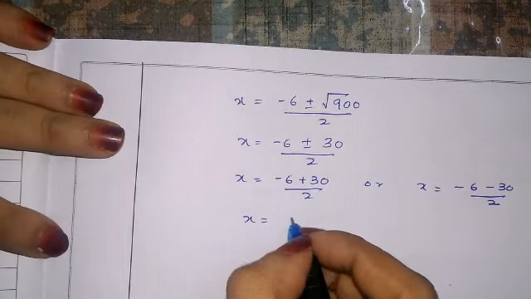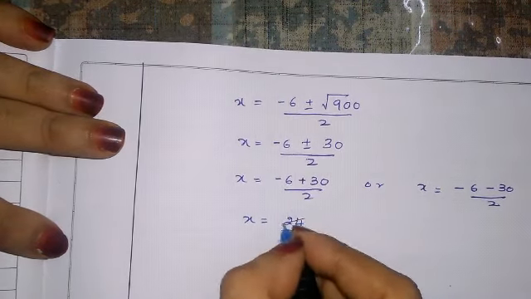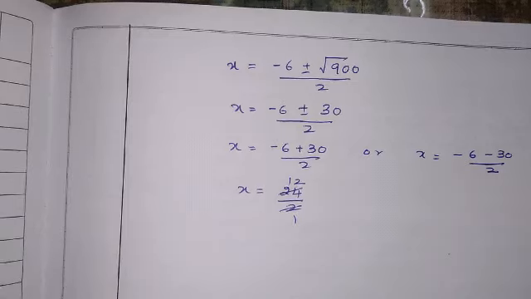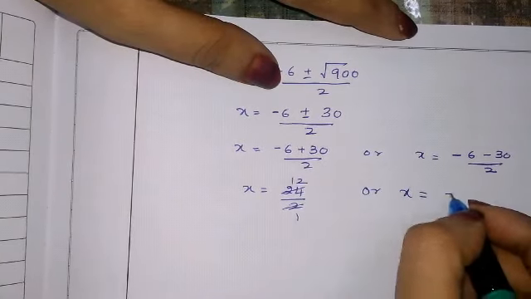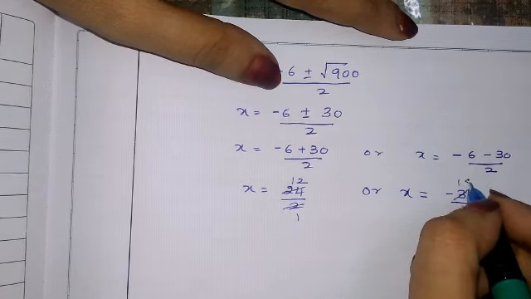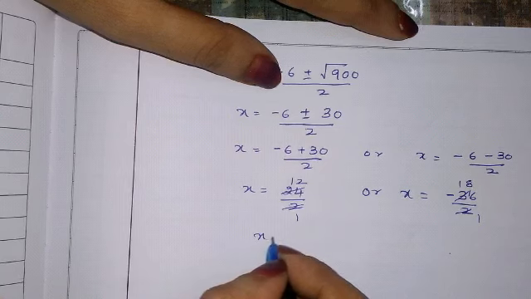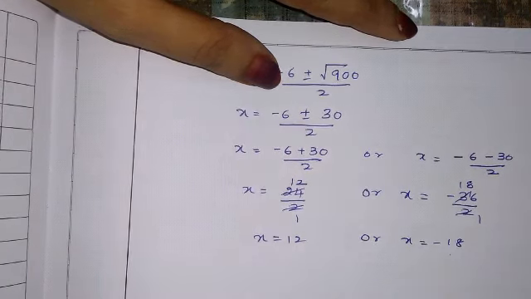So here it is plus 24 by 2, or x is equal to minus 36 by 2. Here we got x is equal to 12 or x is equal to minus 18.